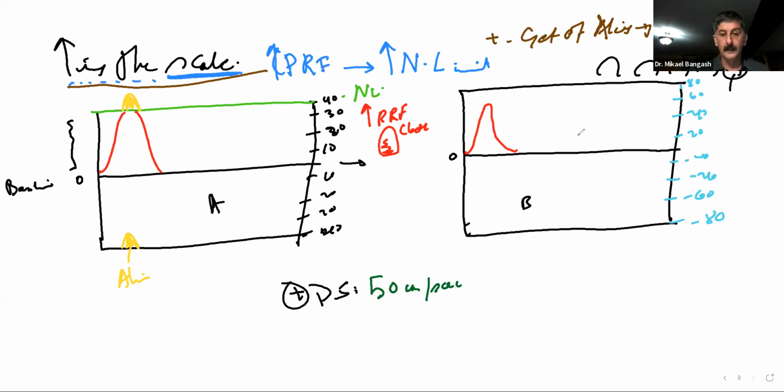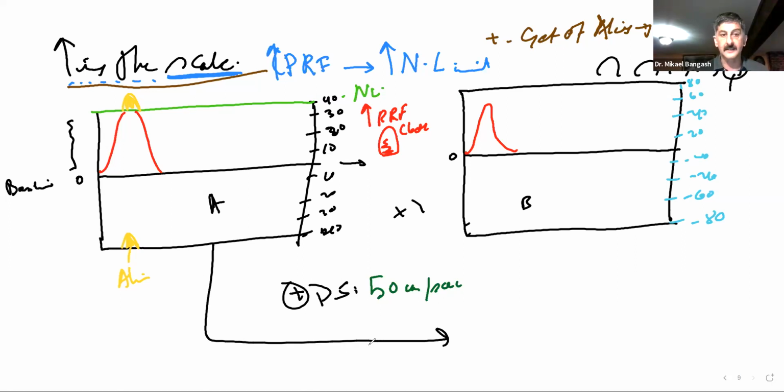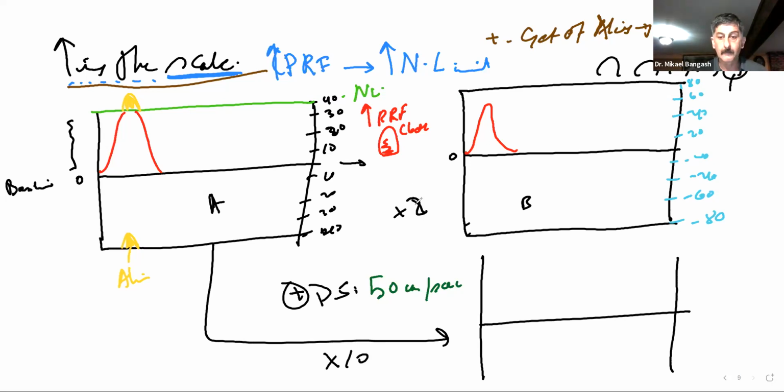Clear? Now what if we went on and kept increasing the scale, not double it, but actually increase it 10 times. This is still your zero Doppler shift.